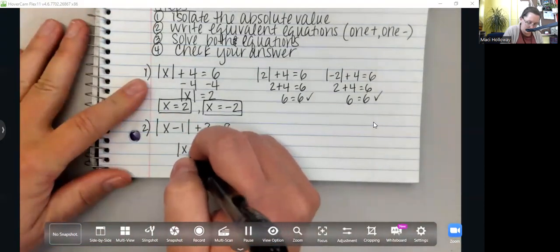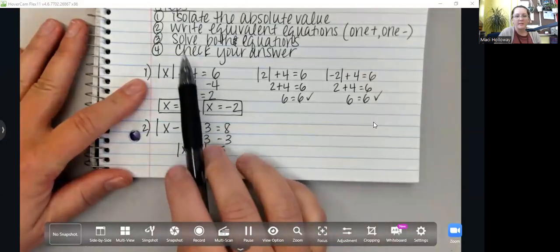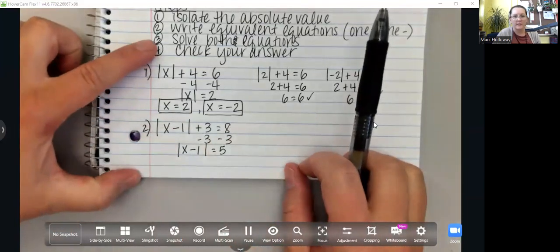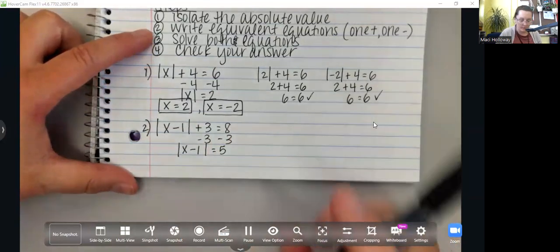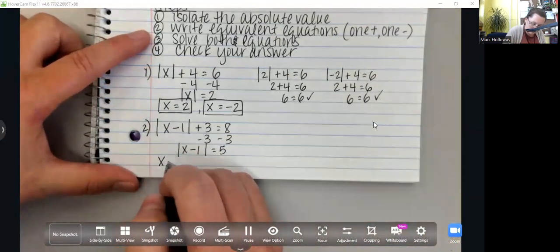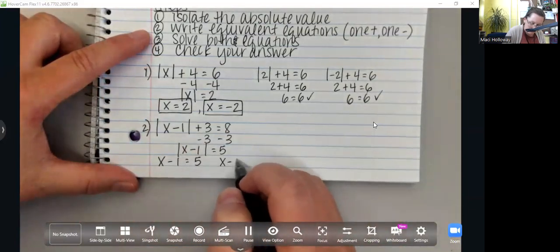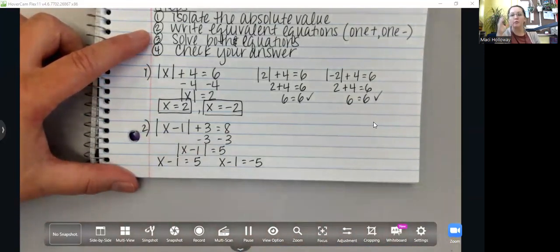I have the absolute value of x minus 1 equals 5. Is there anything else with the absolute value on this side of the equal sign? No, so we're good to go on. It says write equivalent equations, one positive, one negative. So x minus 1 equals +5 and x minus 1 equals -5, because whatever's inside that absolute value could be positive or it could be negative.